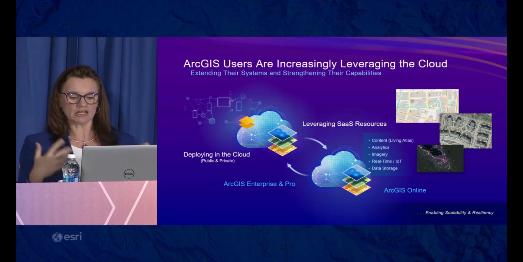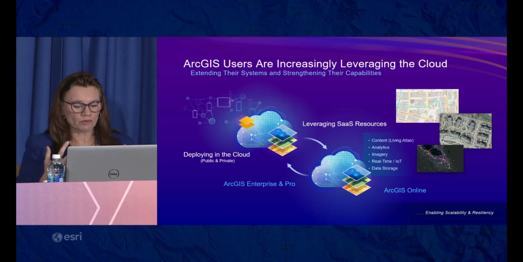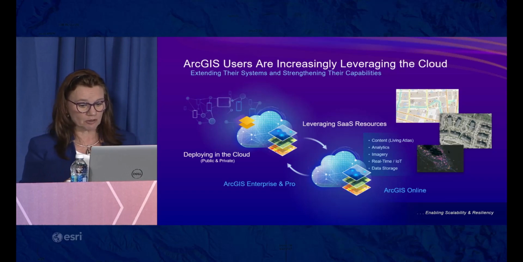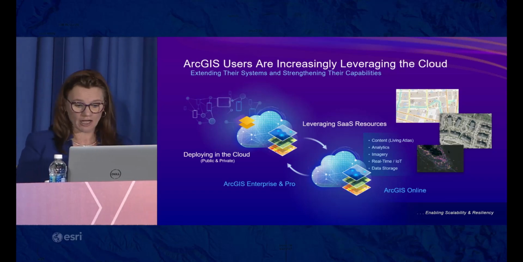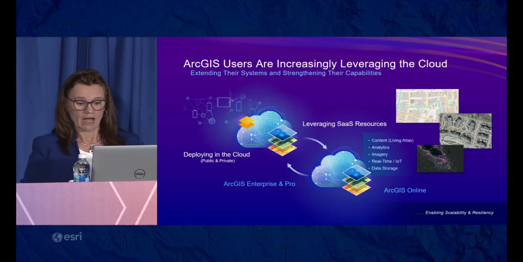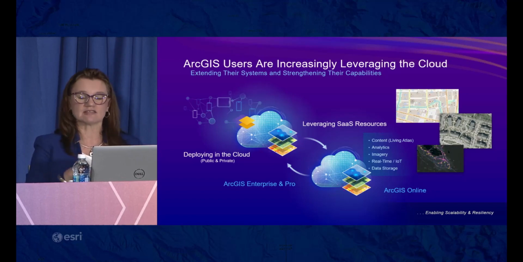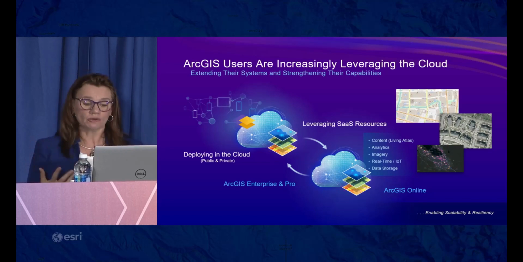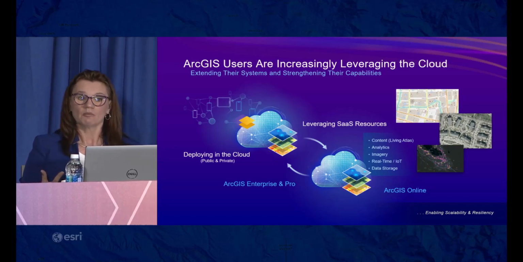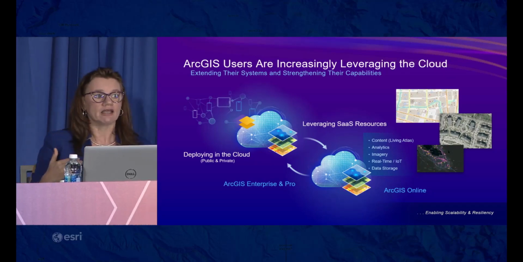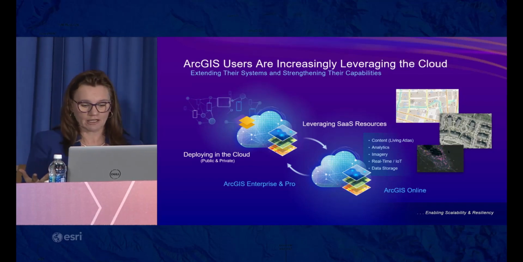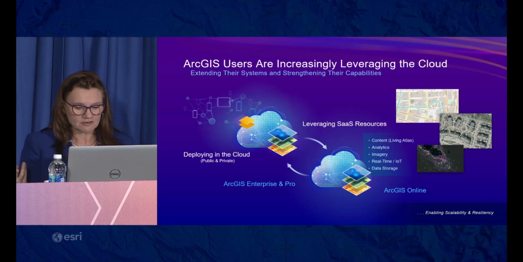ArcGIS Online and ArcGIS Enterprise support this trend. We have the Living Atlas accessible from both ArcGIS Online and Enterprise. And the Living Atlas gives us this ready-to-use authoritative content that is curated by Esri, but really maintained by the organizations that are responsible for maintaining it. So that makes it then the authoritative content.